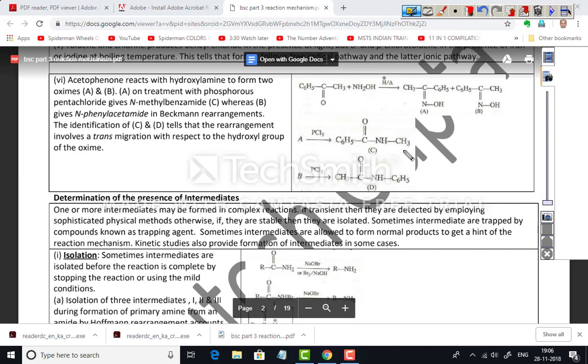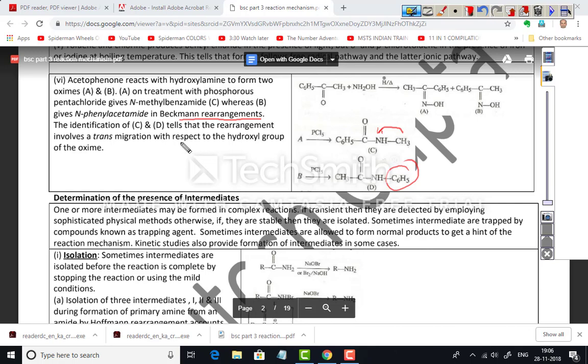So this is N-methylbenzamide, and from B we get N-phenylacetamide, which is in the Beckmann rearrangement.